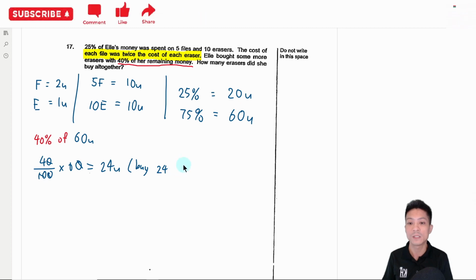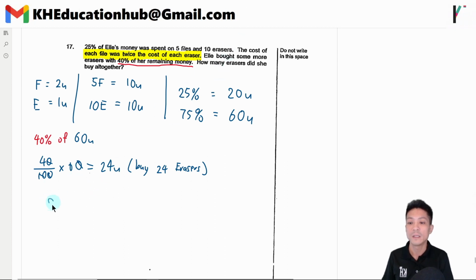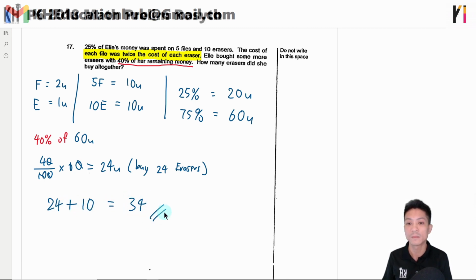Because each eraser is 1 unit. She buys 24 erasers. Then how many erasers did she buy altogether? At first she bought 10, right? That means altogether she bought 24 plus 10, which is 34 erasers.